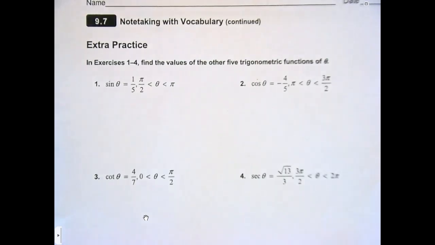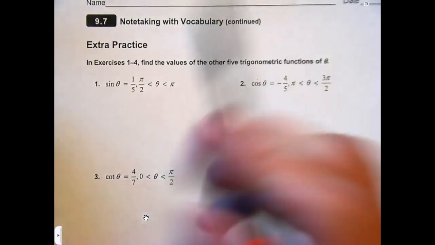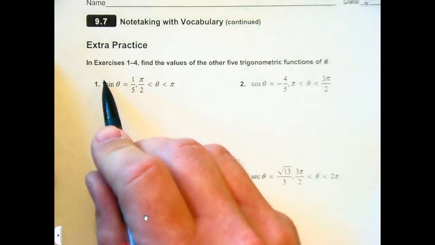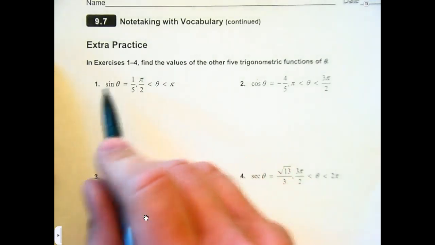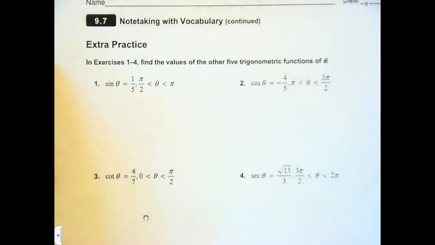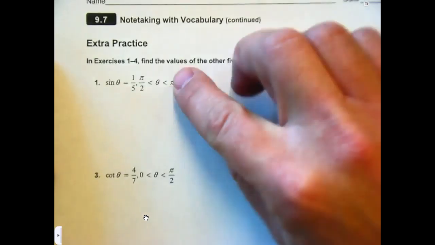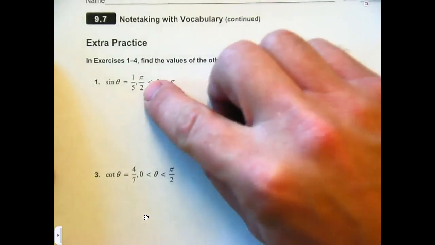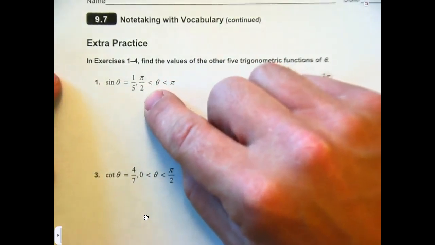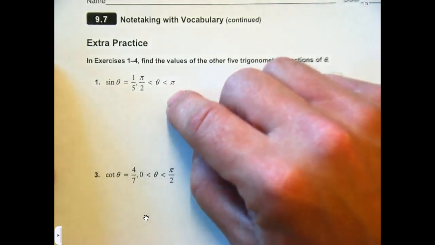Okay, here we go. Find the values of the other 5 trig functions of theta. All right. We're not going to do each of these right now. We're going to do number 1 and number 2 together. But the first thing we need to point out is they give you some crazy looking stuff here. First, they're saying sine theta equals 1/5, which may not seem all that intimidating until they put this comma, pi over 2 less than theta less than pi.